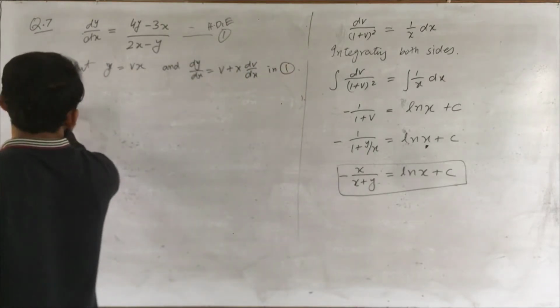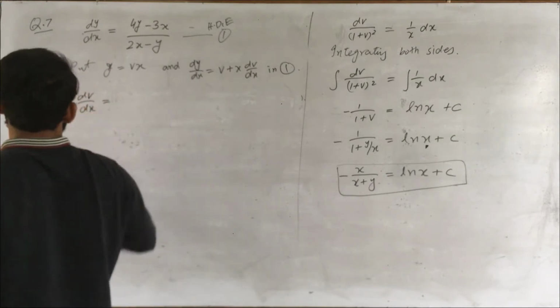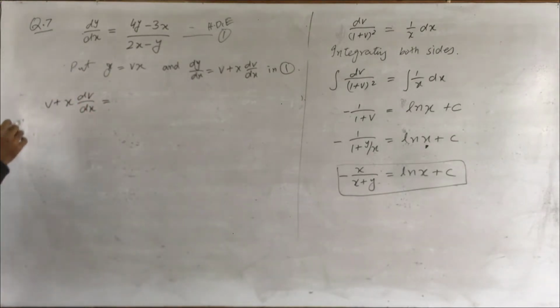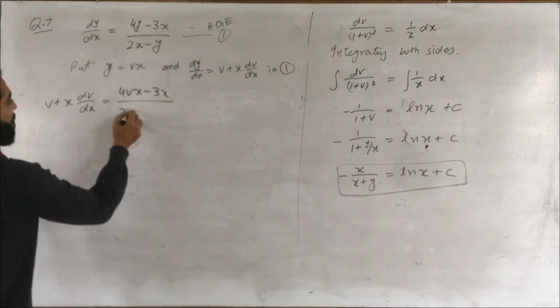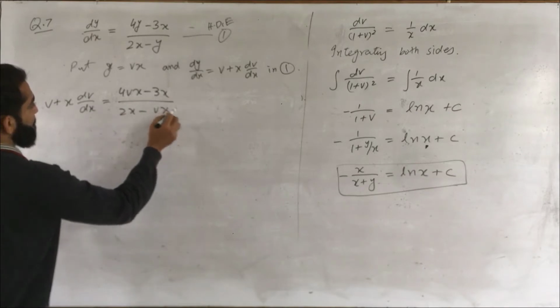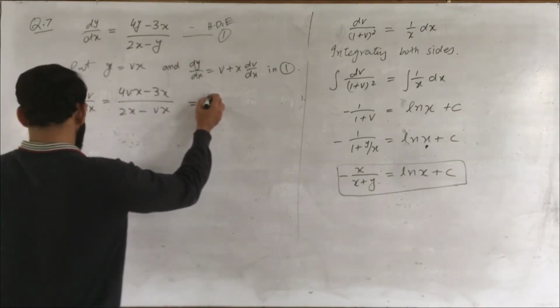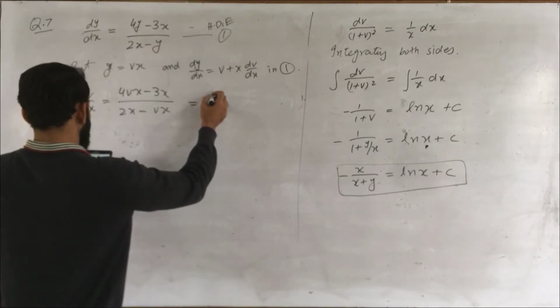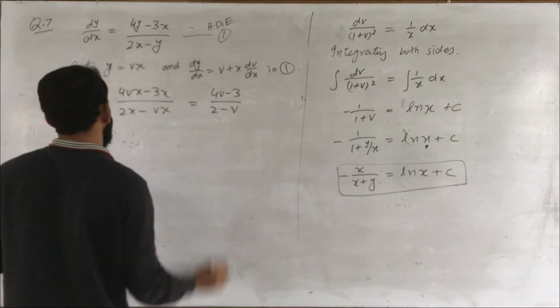Then equation number 1 becomes v plus x dv over dx is equal to (4vx minus 3x) divided by (2x minus vx). After taking common x from numerator and denominator, this converts to (4v minus 3) over (2 minus v).